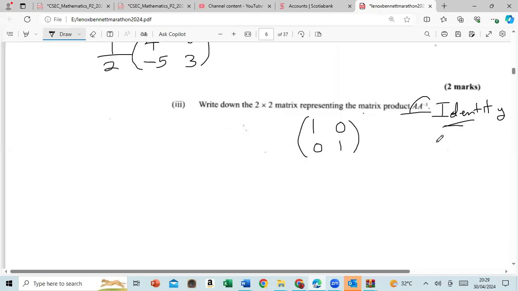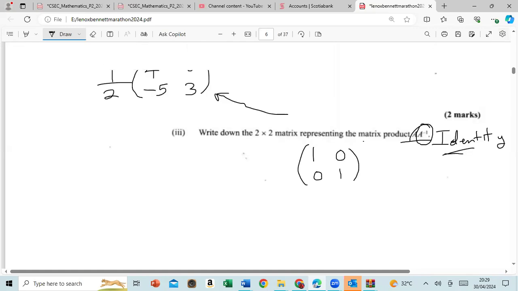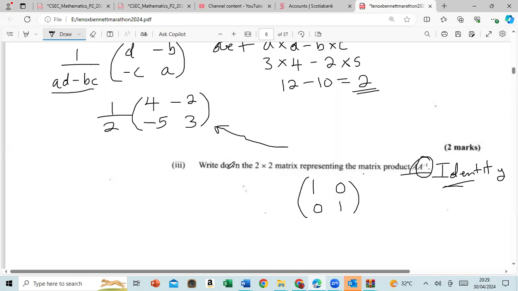So what we're going to do is just multiply. This part is the inverse. I already found the inverse of A, and that's what I kind of like about CXC. We already found the inverse of A in part 1, so we don't need to work it out again.